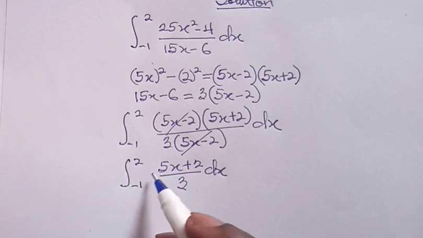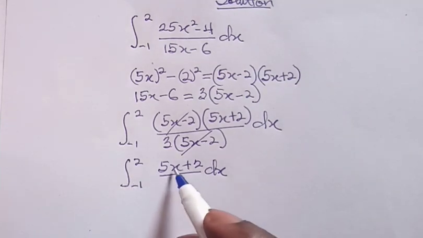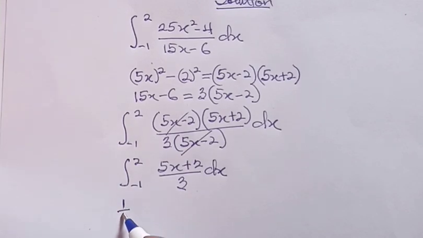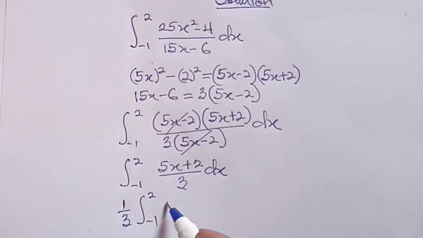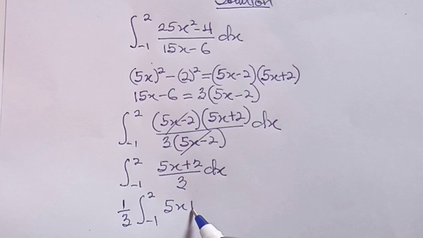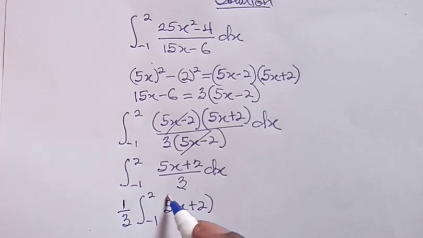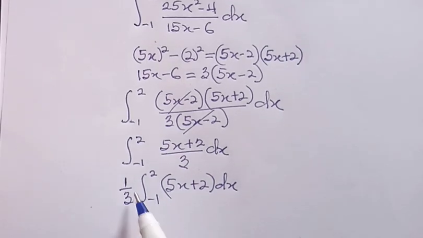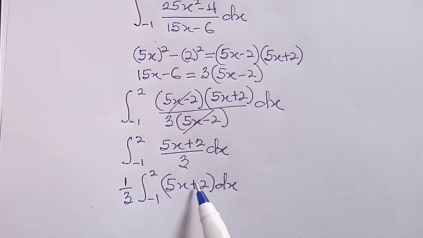So let's find the integral of this. Note that we can rewrite this as 1/3 out, then we have the limits 2 and -1, then 5x plus 2, then dx. Good. Once we have this out, we can easily find the integral of this.